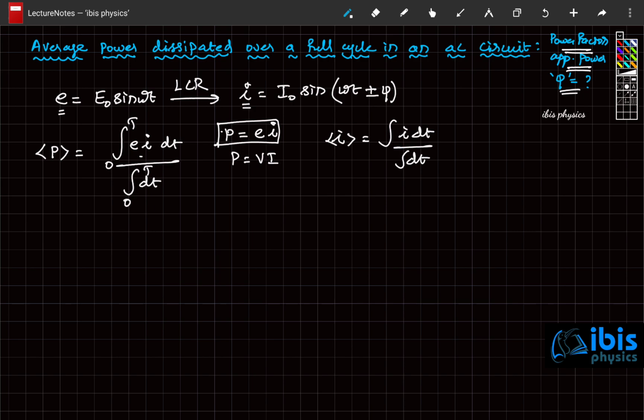The other thing you should know from this learning is that integral of sine omega t dt by integral dt over a full cycle 0 to t, we have found to be 0.